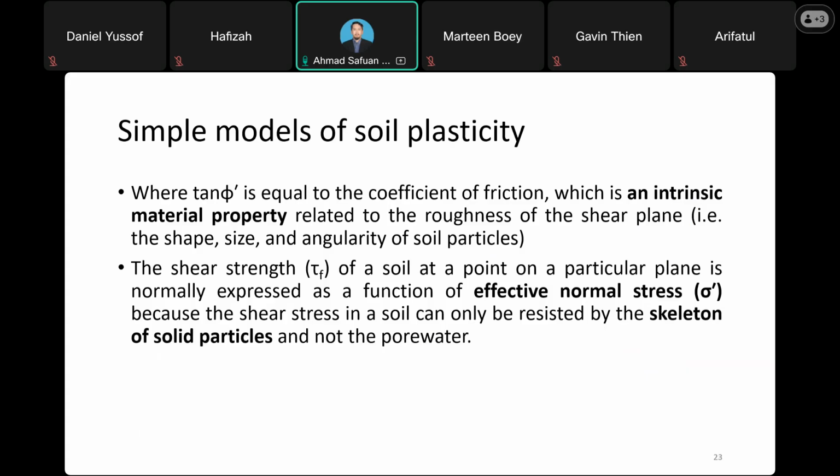Because it deals with the shape, size, and angularity of the soil particles. So the shear strength of the soil at a point on a particular plane is normally expressed as a function of effective normal stress, because the shear stress in the soil can only be resisted by the skeleton of solid particles and not the pore water inside the soil.